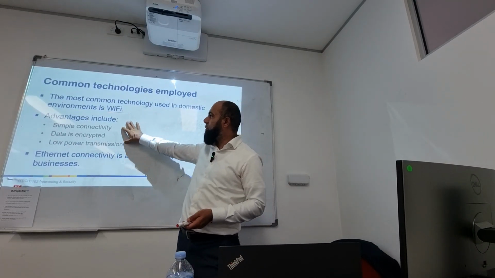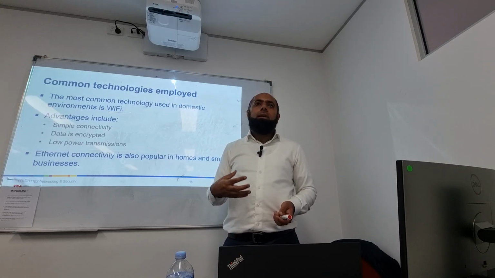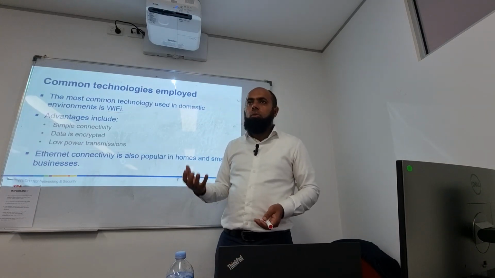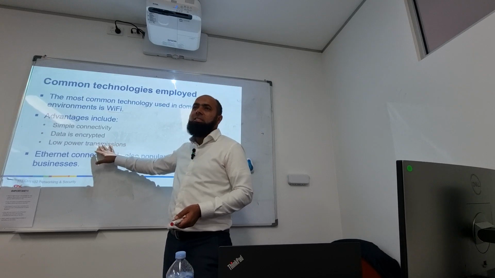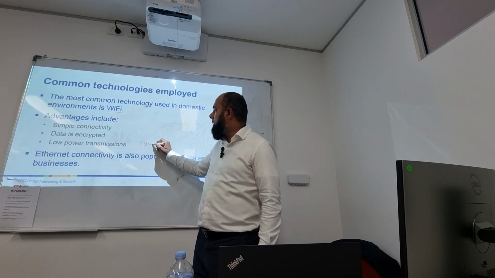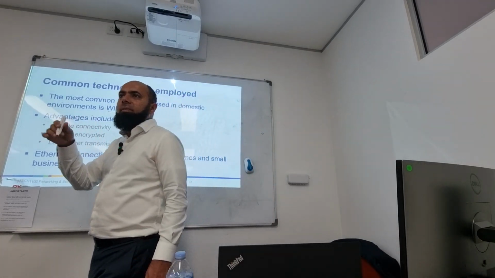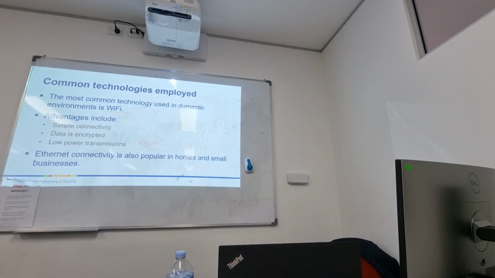They have simple connectivity. The data is encrypted, meaning no one can decode it, it goes in encrypted form. Low power transmission: our networks, the field of networking, is on very low power.